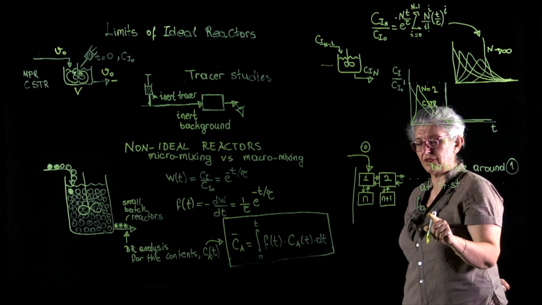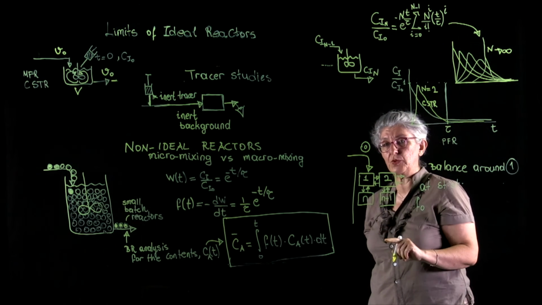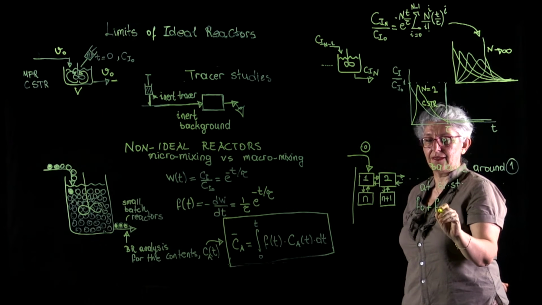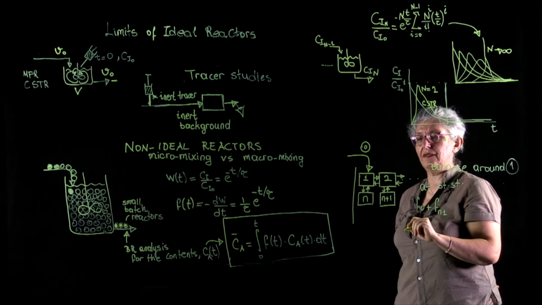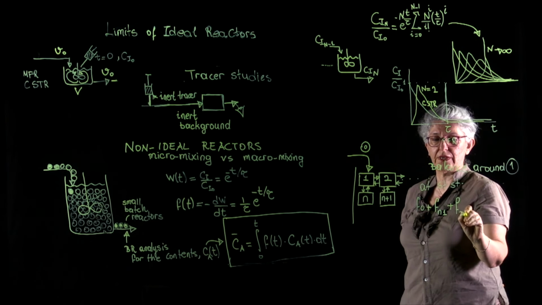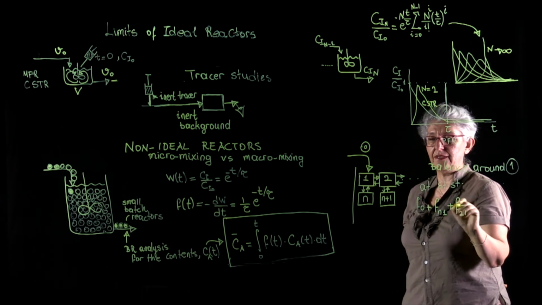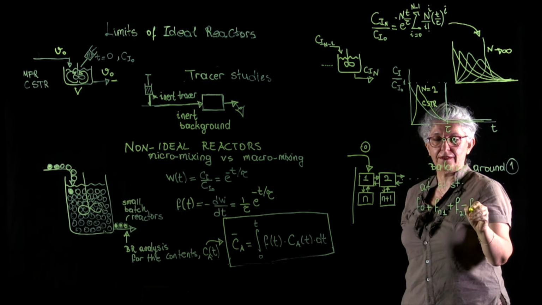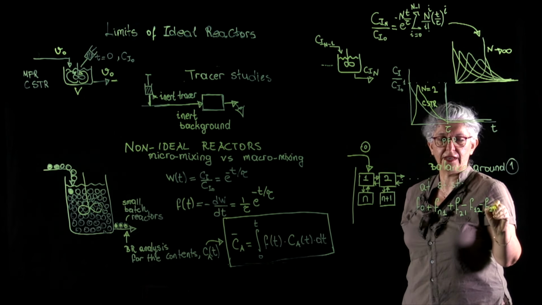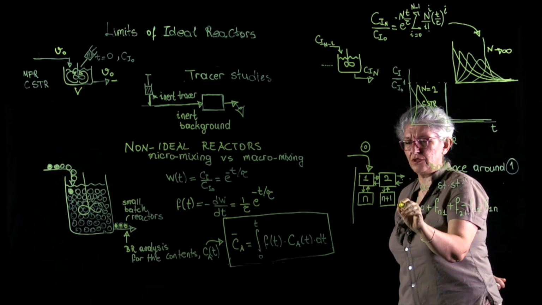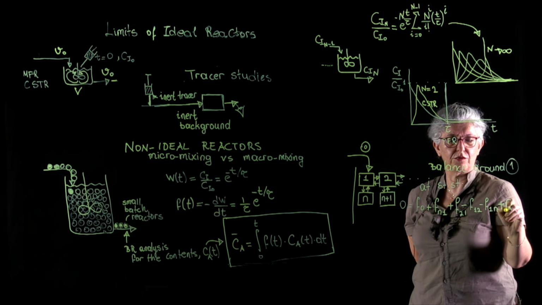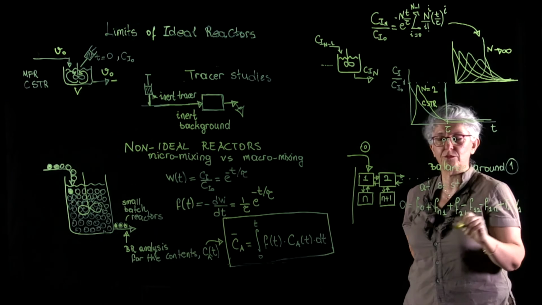I use smaller f's just to indicate that these are subdomains, plus f from n to 1 coming in, plus f from 2 to 1 coming in, minus f from 1 to 2 leaving, minus f from 1 to n leaving, to be equal to 0, plus, of course, RA times V1, the volume of the first domain.